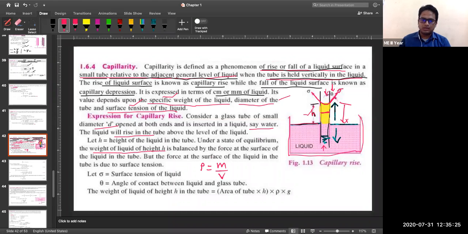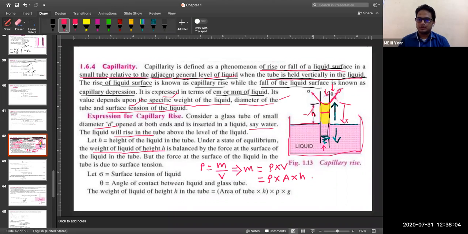So from this expression, mass equals density into volume. Density is given for the given liquid, so it will remain as it is. Now the volume of liquid inside this cylindrical tube will be equal to the area of the tube into the height of the liquid, given by small h.